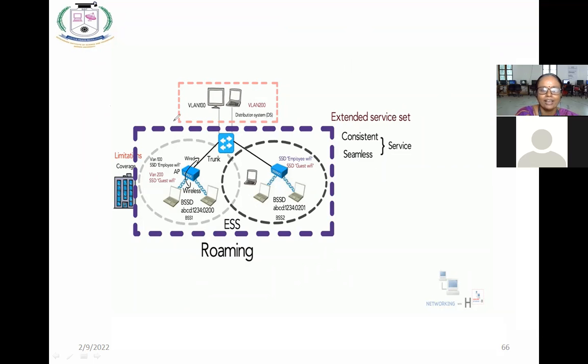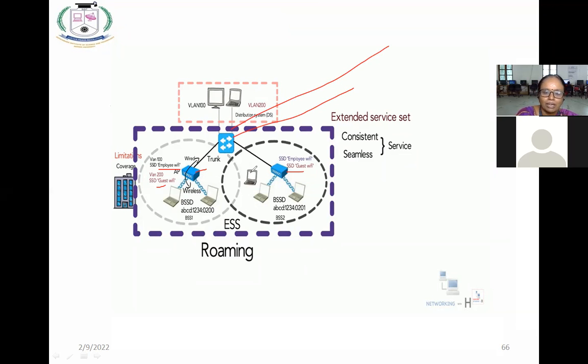Now you see, I'm using two Wi-Fi networks. One is employee Wi-Fi and another one is guest Wi-Fi. I have one AP here and one AP here. Using this trunk, I can create multiple APs. That is what we call the distribution system.